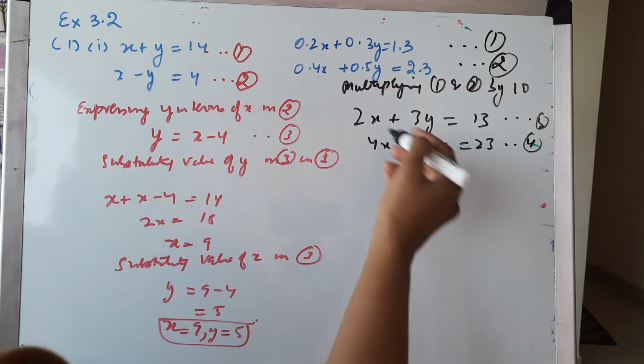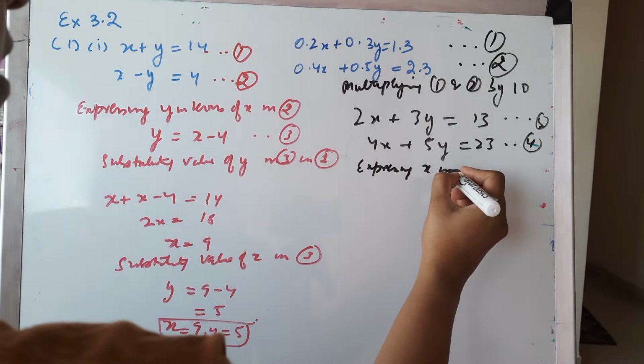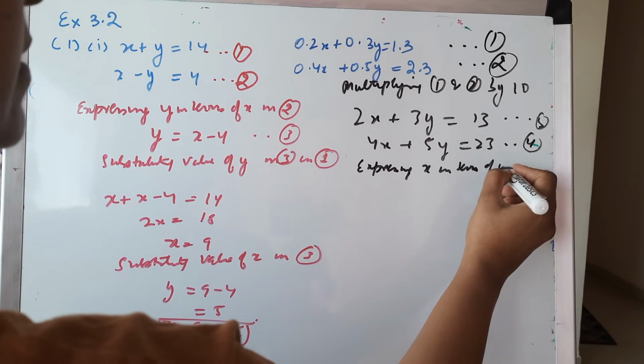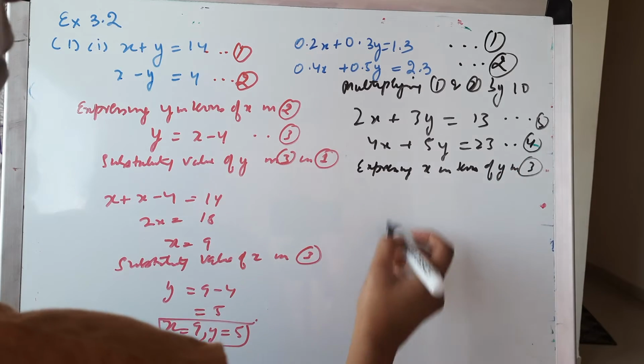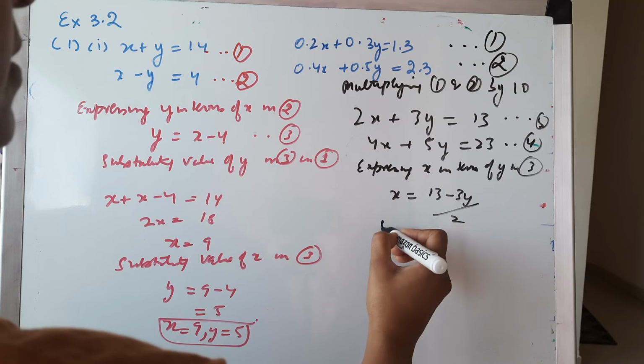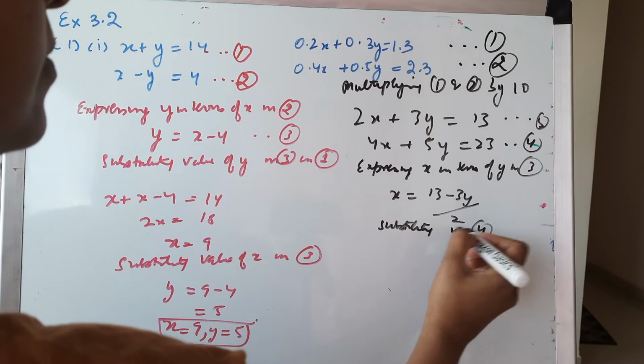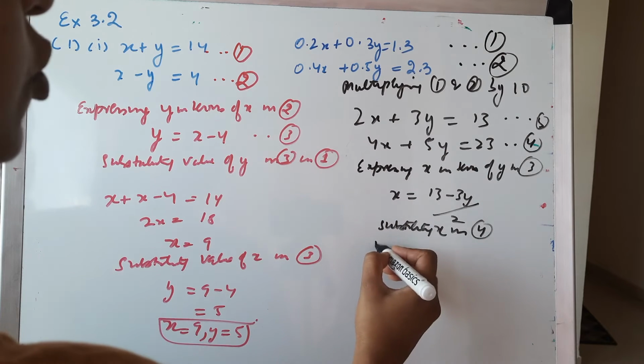You can just choose any one. So expressing x in terms of y in 3. So x is equal to (13 by 3)y by 2. Substituting x in 4.